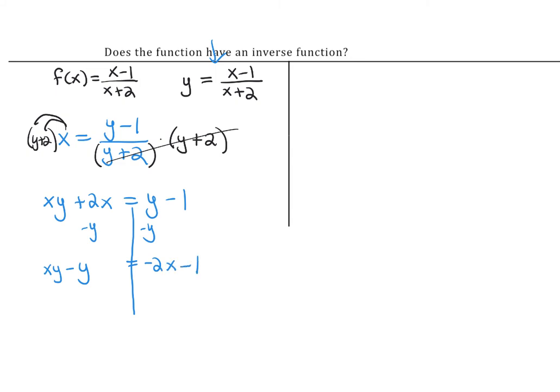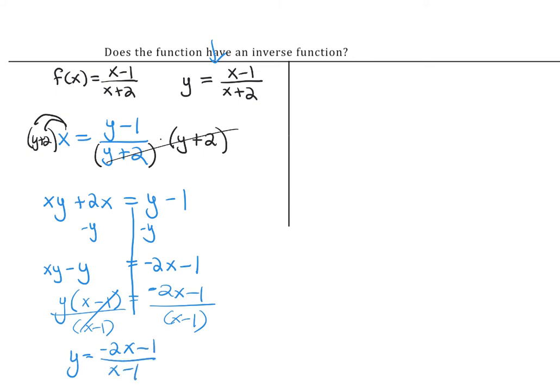So now that all my y's are on the same side, I'm going to factor a y out. So y out, I'm left with x minus 1. And now I can divide by x minus 1. So y equals (negative 2x minus 1) over (x minus 1). And to write it with the proper inverse notation, that would be the inverse of f of x is equal to (negative 2x minus 1) over (x minus 1).